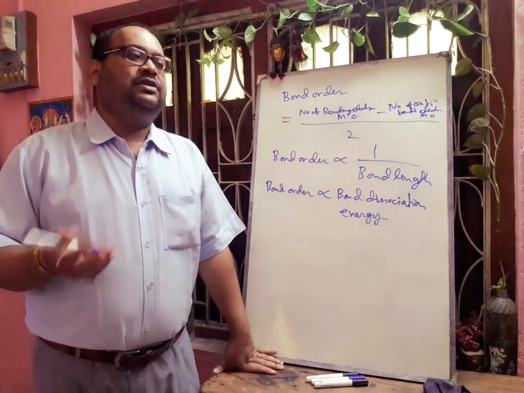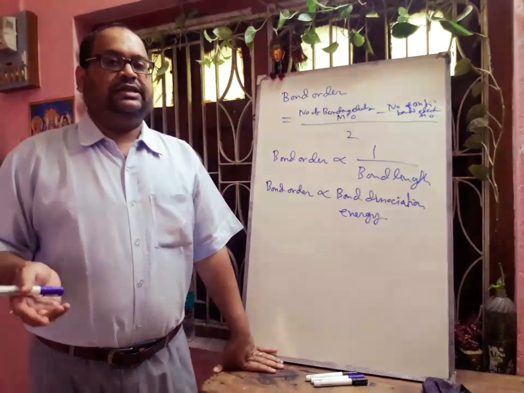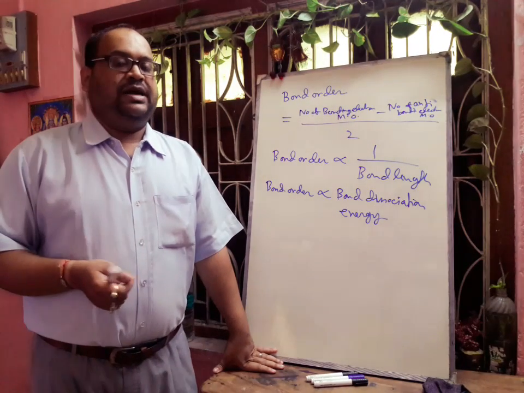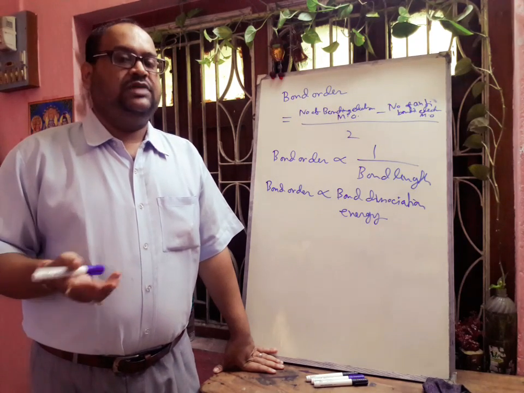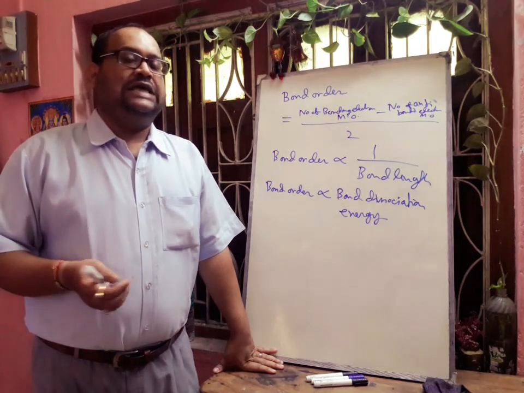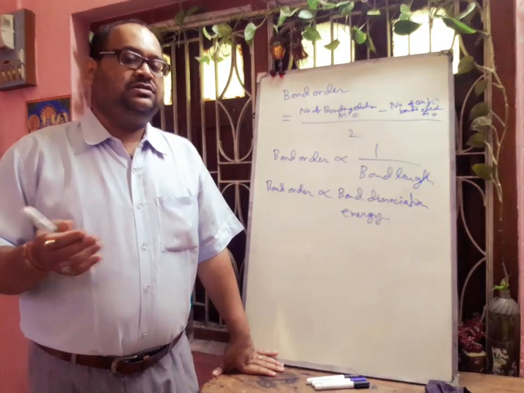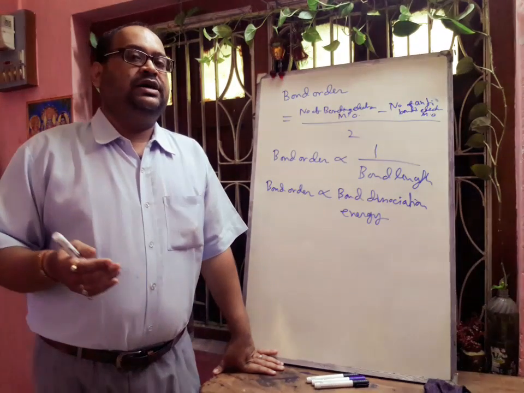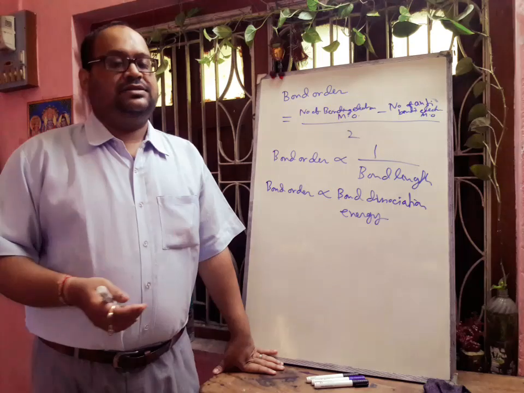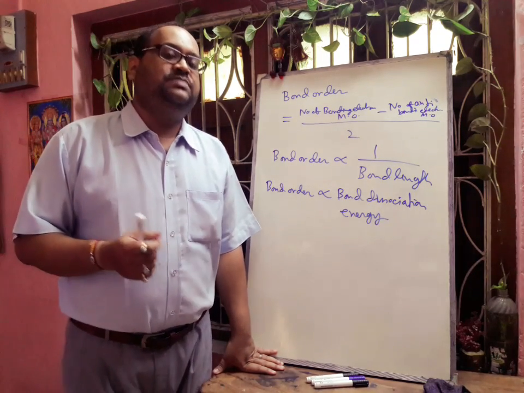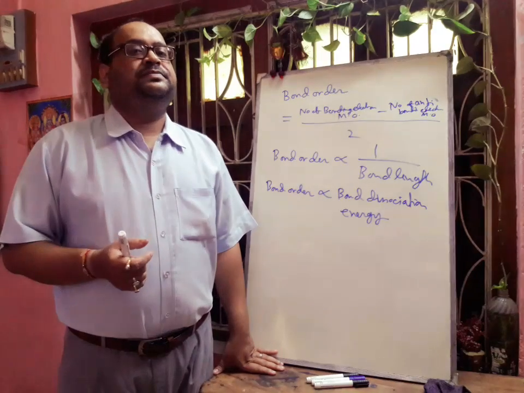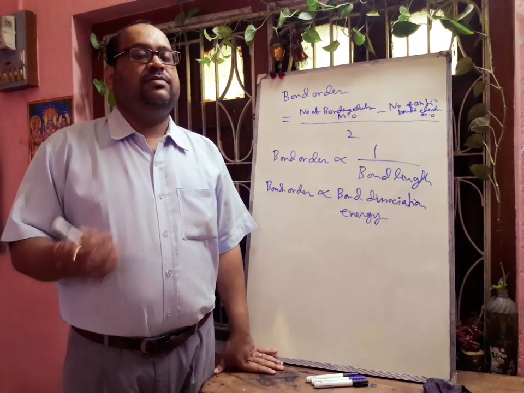If we think about the nitrogen molecule, we will calculate its bond order is 3. But in the case of the hydrogen molecule, bond order is 1, or the oxygen molecule, bond order is 2. As in nitrogen the bond order is 3, it is very much stable, and to break this nitrogen triple bond, a huge amount of energy is required.